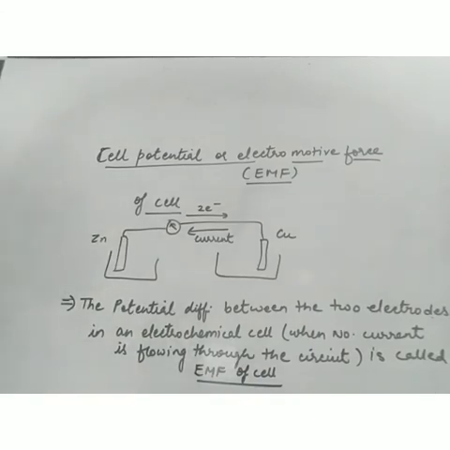This is how we can find out the EMF. It means when the circuit is not closed, it is an open circuit. So the potential difference between the two rods is known as EMF of the cell.